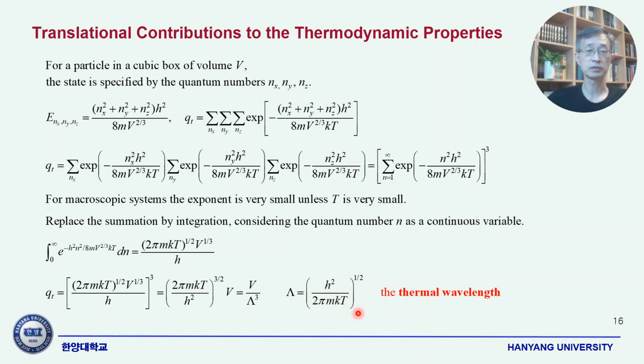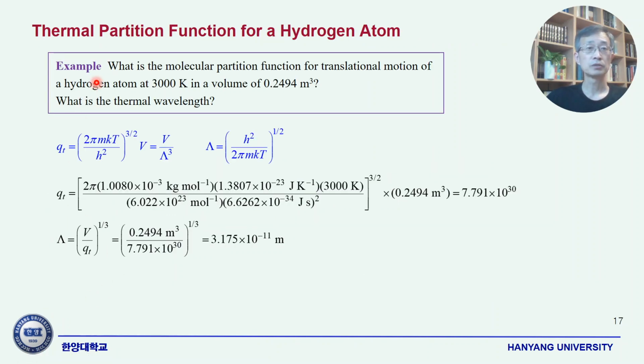That's the thermal wavelength. Then maybe we can calculate the thermal wavelength and how long it is for a molecule. The example here is the molecular partition function for the translational motion of hydrogen at a temperature of 3000 K and a volume, a smaller volume for that temperature, like 24.94 liter, or 0.2494 cubic meter.